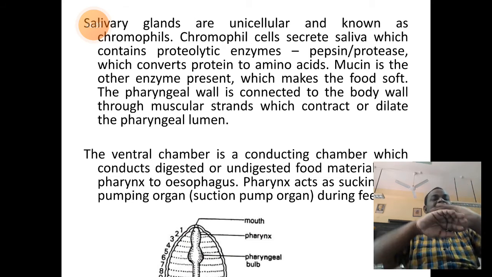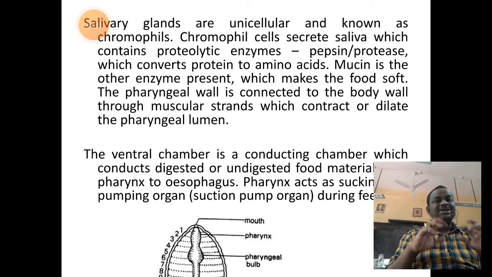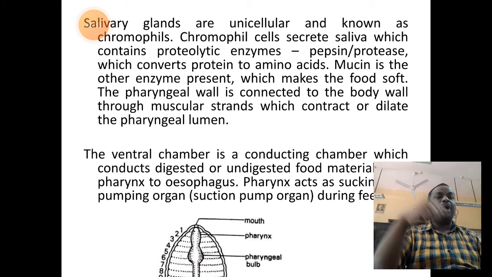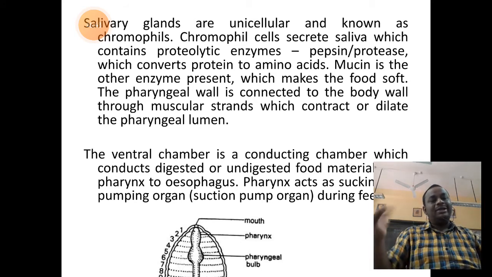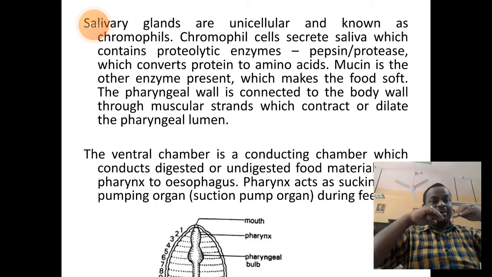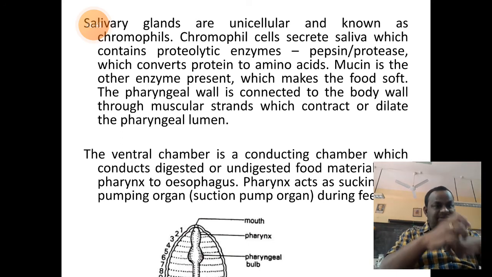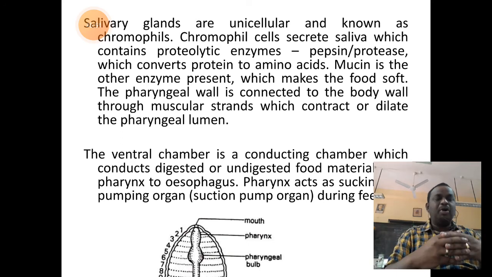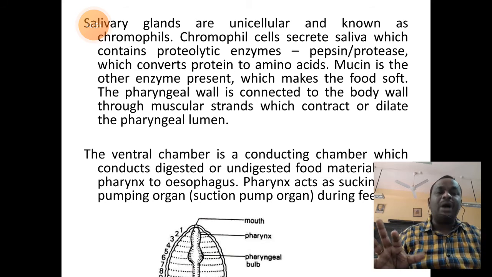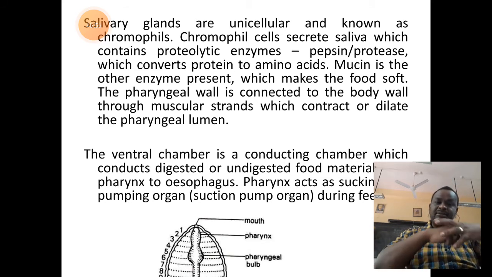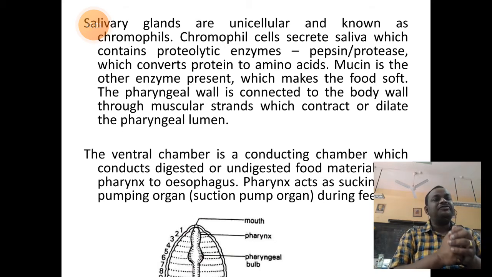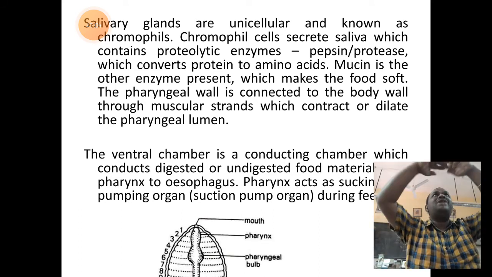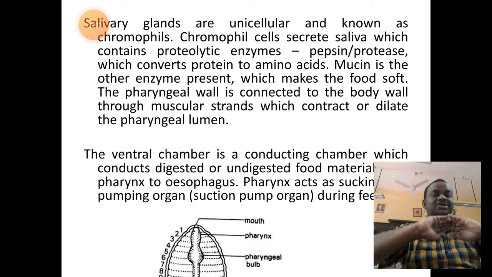The pharyngeal wall of the body is highly muscular. It can expand and contract like the mouth cavity. It has a wider space so that all these enzymes poured into the food will mix the food. Proteases will act upon the proteins, break them into amino acids, and mucin will make the food slimy and bring about softening of food. This soft food is now thrown from the dorsal chamber of the pharynx into the ventral chamber down.